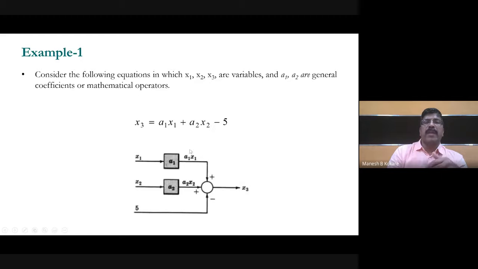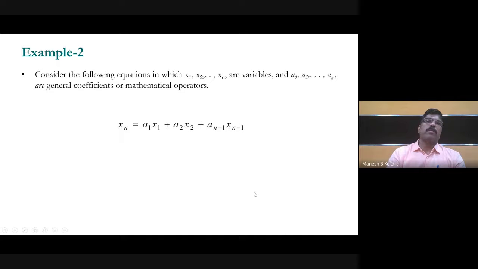Earlier we directly considered this as a1 x1, but if you want to see it in general detail, x1 is the input, and a1 is the block gain, which will be multiplied with x1, so your output will be a1 x1. Then x2 is the input, and a2 is another gain, so a2 x2 will be the output of this one, and then phi u. So the summing point output x3 will be equal to the summation of this signal plus this one and minus this one. So this mathematical equation can be represented with the block diagram this way, right?